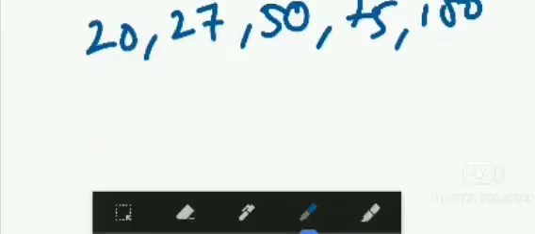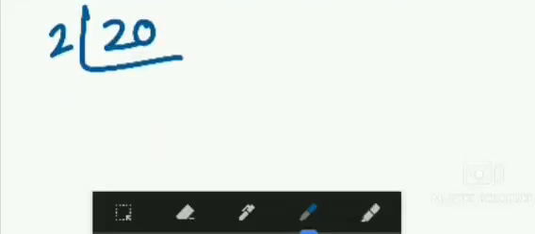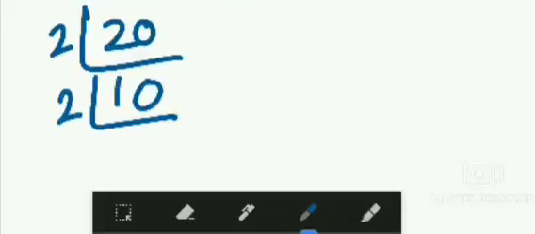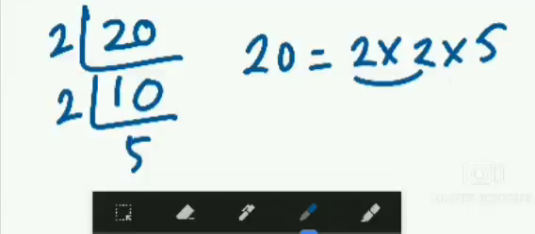If you try to factorize this 20, always try to factorize using prime numbers. You can see 2 tens are 20 and then 2 fives are 10. So if we write in this way, we can see the 2's are in pairs, but this 5 is not in pair.